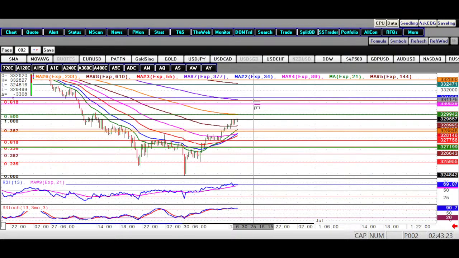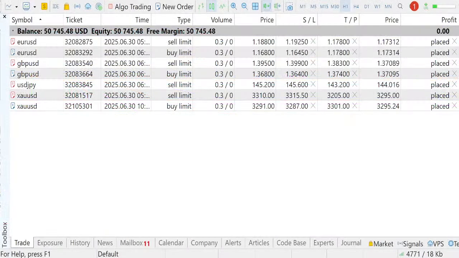Then as I said, we need to get ourselves prepared. So I want to go for another one at 3328. There's nothing wrong with just putting it, so we'll put 3328 as a selling level, with a stop at 3334.